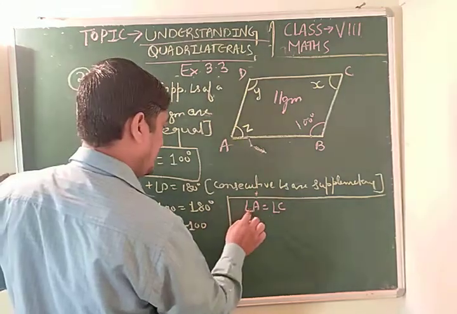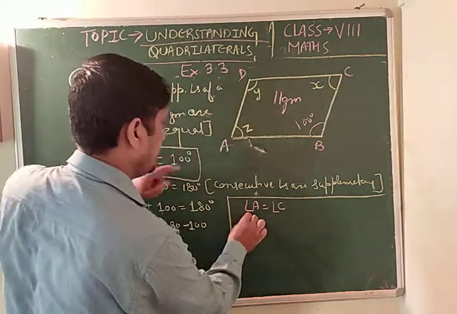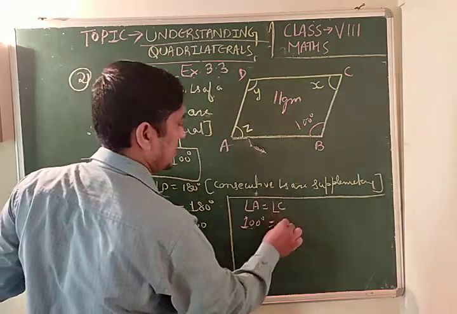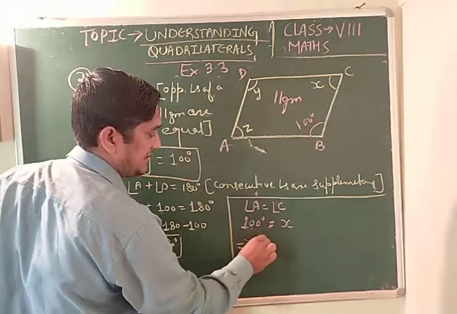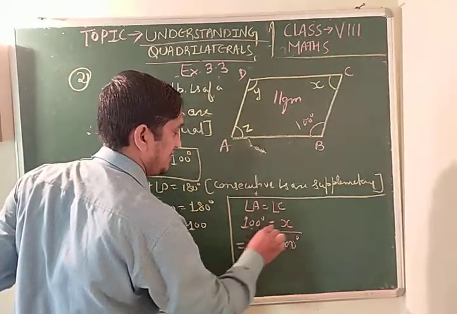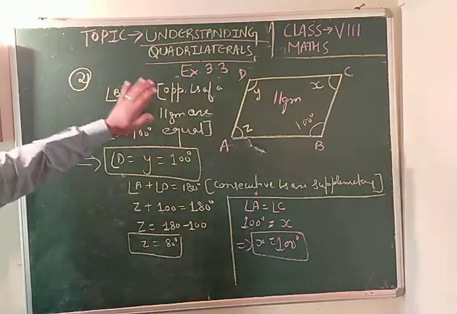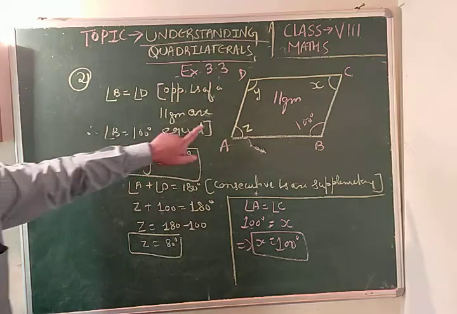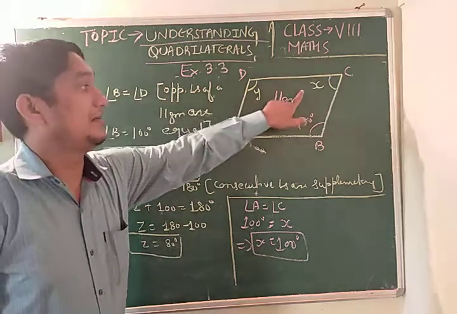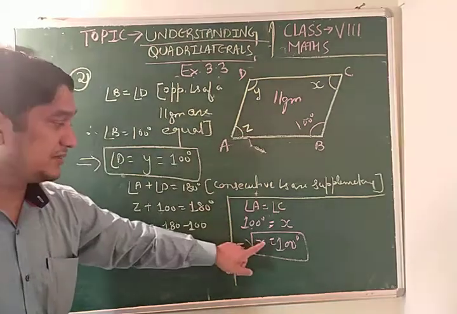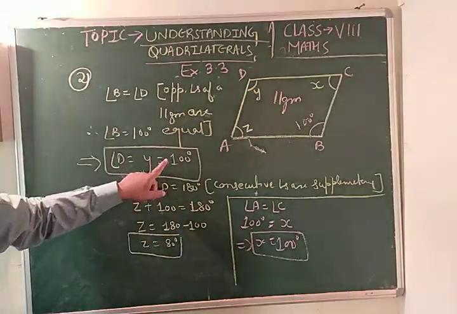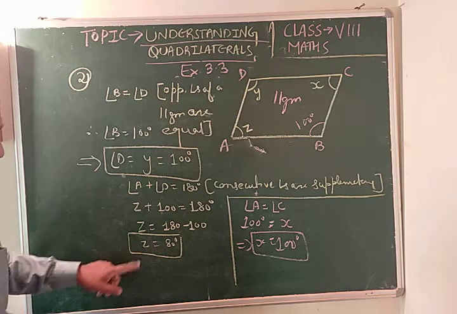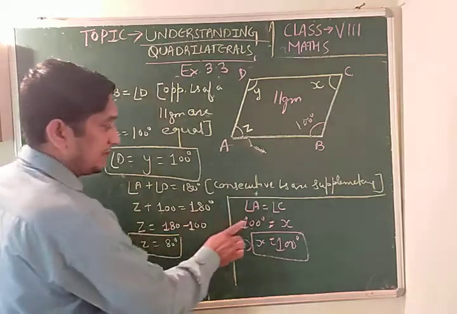The value of A is Z and C is X. It implies that X is equal to Z. By applying the properties of the parallelogram, we are able to find all the unknown angles X, Y, Z. The value of Y is 100, and the value of Z is 80.